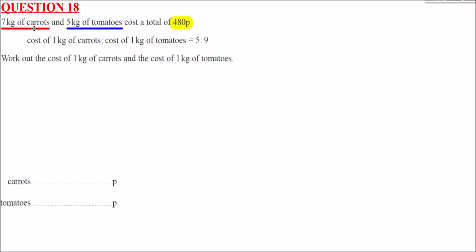Well, if I just call 1 kilogram, 1 unit of carrots, c, then I can call 7 kilograms 7c. Likewise, if I call 1 kilogram of tomatoes t, then 5 kilograms I can call 5t. So from this we can make an equation. I'm going to say that 7c plus 5t equals 480.